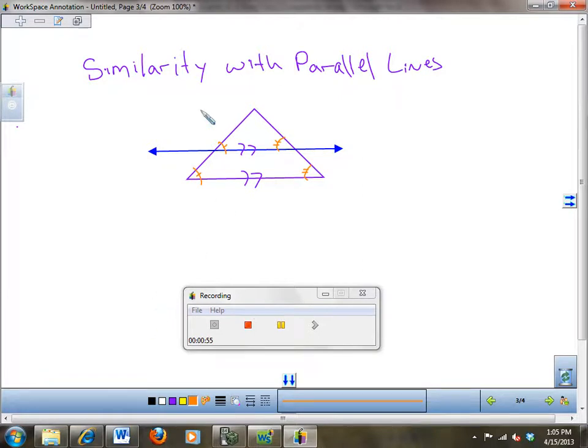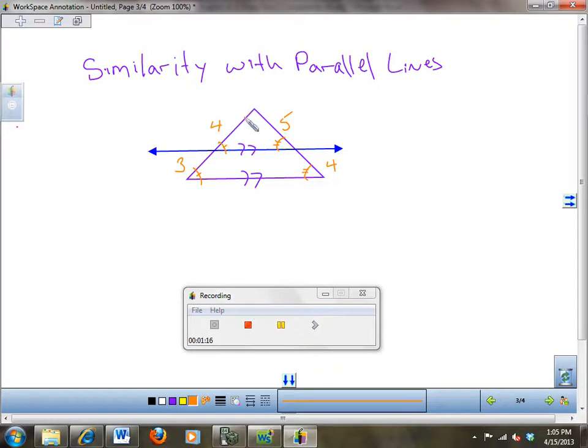So say I know that this is 4, and this is 3, and say I know that this is, we'll pick some bad numbers, 5, and this is 4. Can you write a proportion using those ratios?